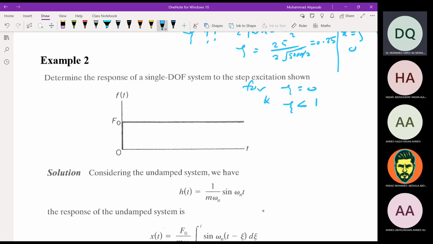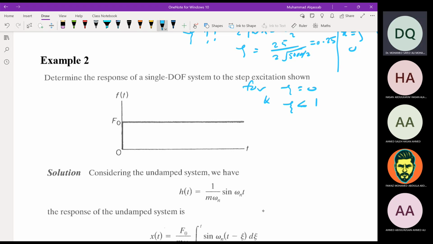F0 as it is, and F1 is F0 over T1 times T, substituting for F1. And this becomes minus F0 over T1 times T minus T1. This is F2. This is the way to find F2.